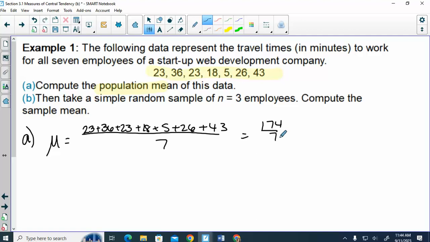So the more you can show me, the better. Like, obviously, you could probably do this without writing any work down, but I would encourage you at least write 174 divided by 7. So if you get the wrong answer, I know you divided by the right thing, you just added them up wrong or something. Give me as much as you can. And so what do you get? 24. Okay. And that was in minutes.